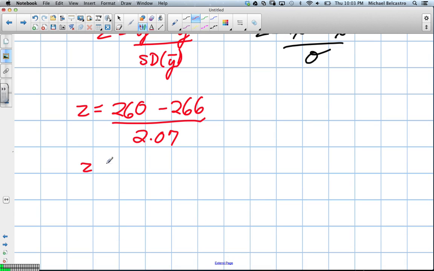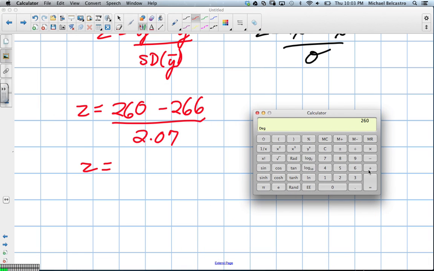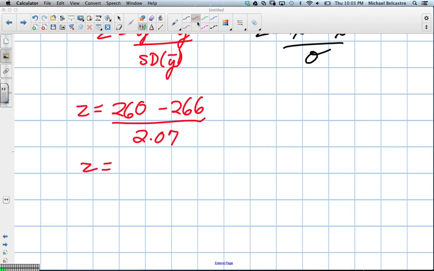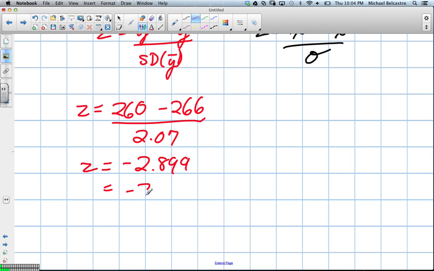So the z-score is 260 subtract 266, divided by 2.07, which is negative 2.898. You can almost say this is negative 2.9, so let's go with that and round up. So it's a z-score of negative 2.9. That's actually pretty extreme.